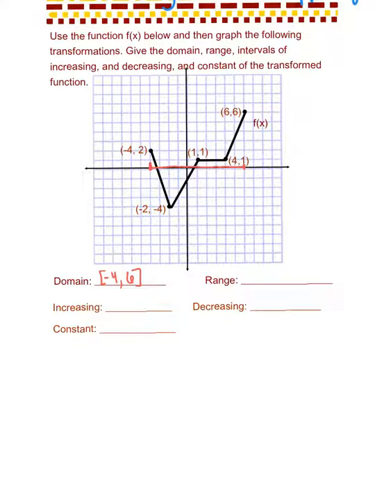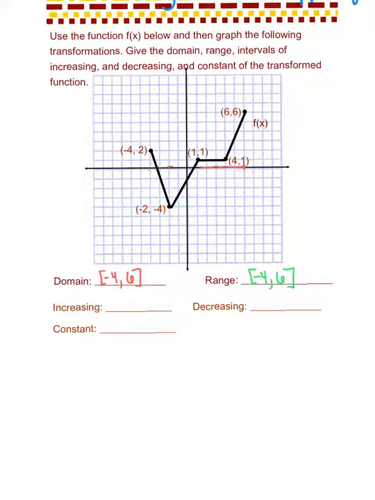Now the range: let's go to the lowest y value that gets hit. That's -4 as well. And then I pick up y values all the way up until 6. So the domain and the range of this function are the same. That was not planned necessarily, but hopefully you can see through this color coding how you're getting those values.